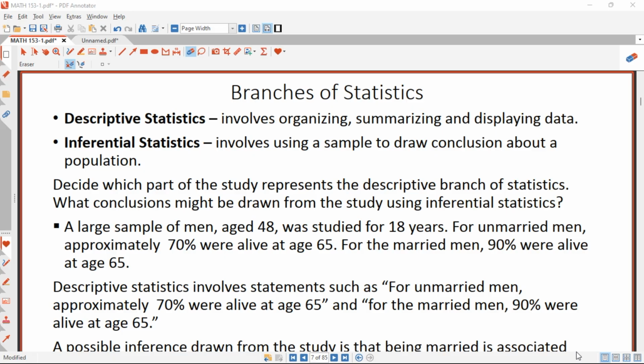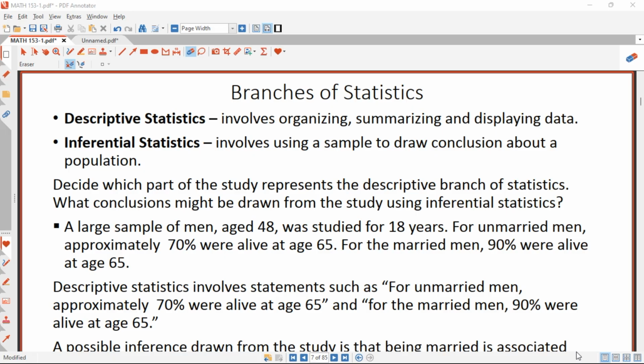So one may ask, what is descriptive statistics? Descriptive statistics involves organizing, summarizing, and displaying of data. So for instance, if let's say the president of Ghana wants to conduct a population census in the country, he will conduct the census, and after the census he is going to use graphs to depict the distribution of the population census that they conducted.